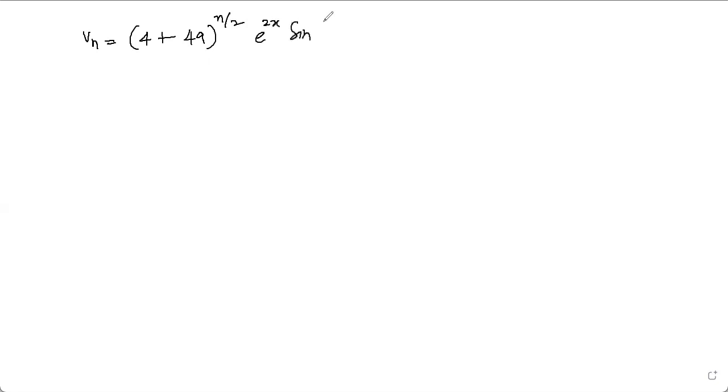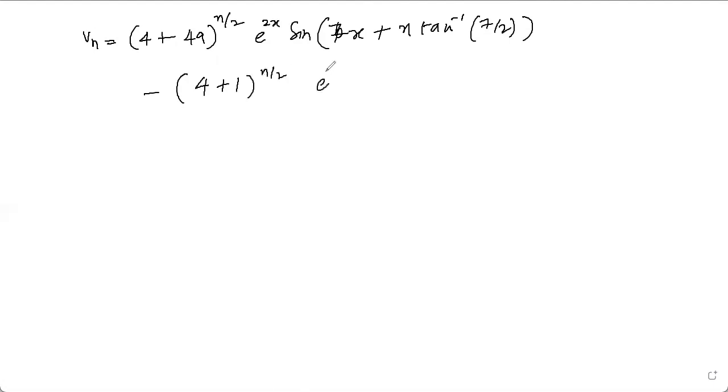Now this is sine of bx, that is 7x, plus n tan inverse b by a, 7 by 2, minus 4 plus 1, 1 square which is 1, to the power n by 2, e to the power of 2x sine x plus n tan inverse b by a, which is 1 by 2.